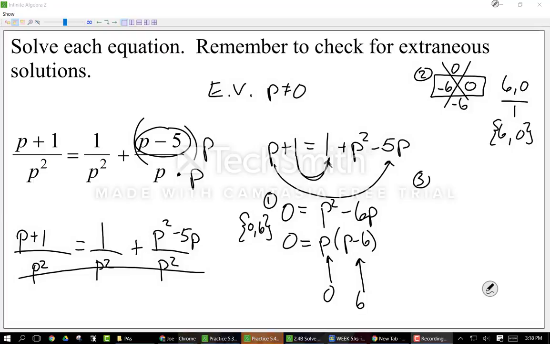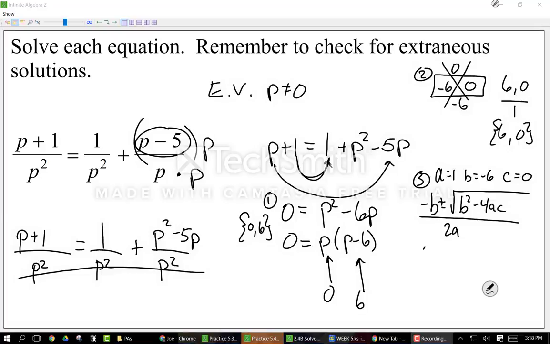The third way, remember I said always works. So a is 1, b is negative 6, and c is 0. This is the quadratic formula: negative b plus or minus the square root of b squared minus 4ac, over 2a. Now let's fill it in.